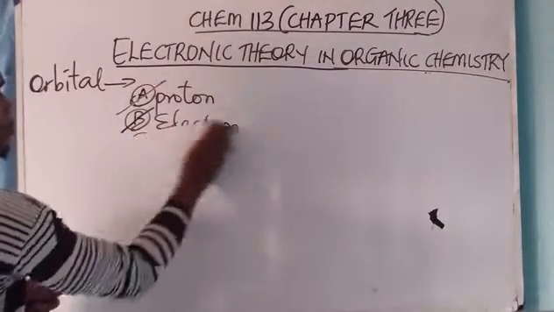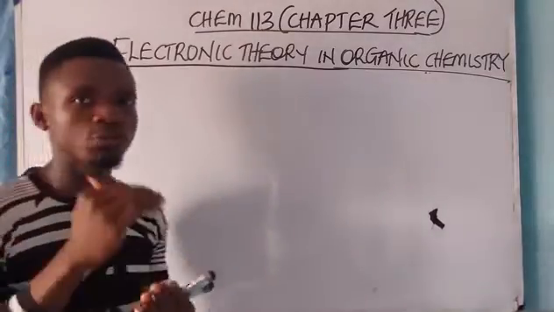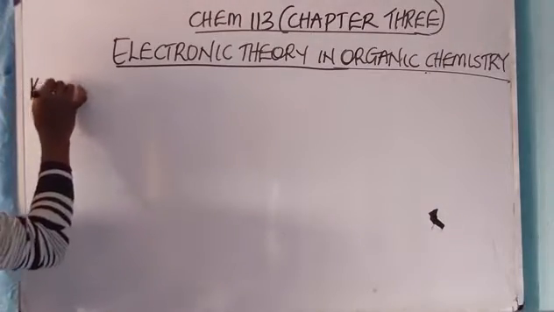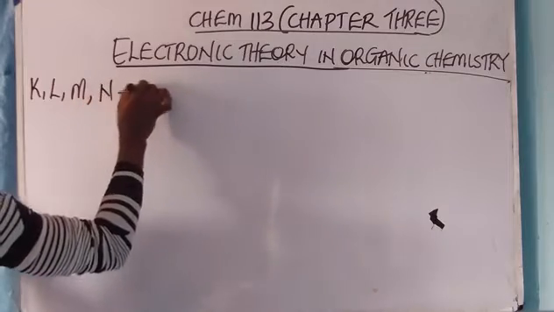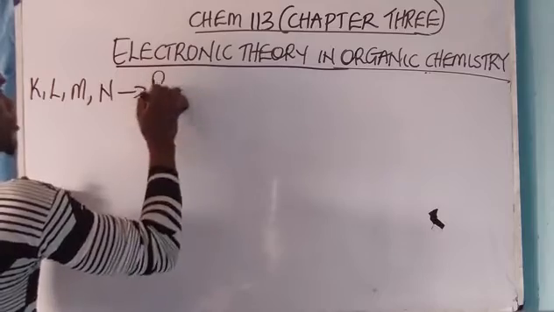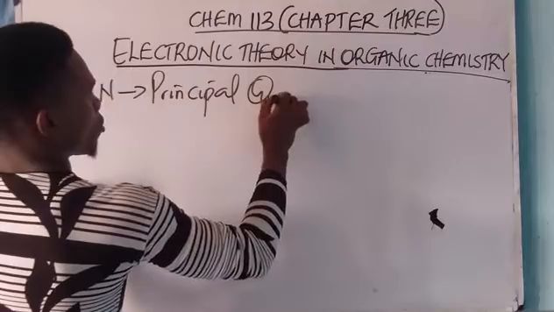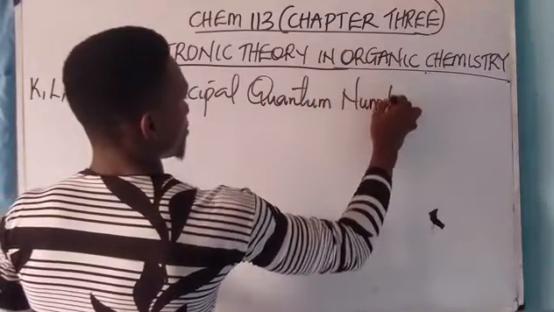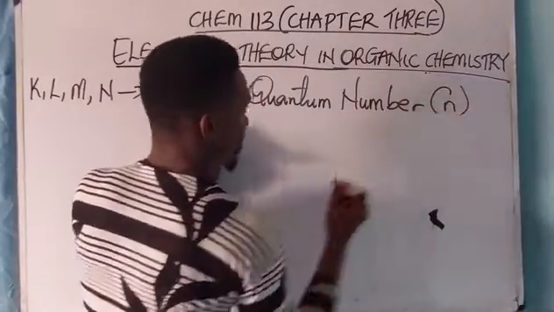Okay? Every shell, we have major shells and we have subshells, otherwise called orbitals. Now we have the K, L, M, and N shells. These are called principal quantum number. And the principal quantum number is denoted as small letter n.